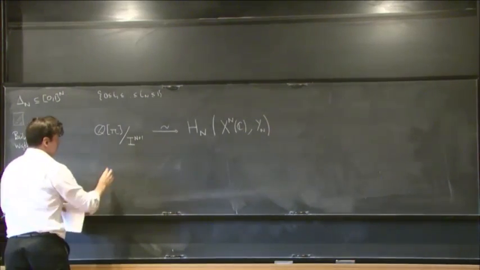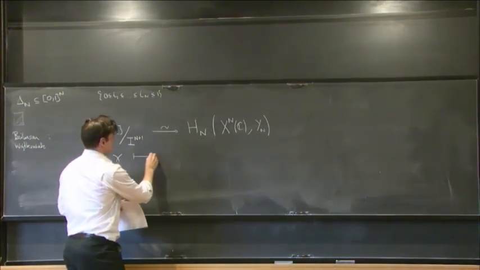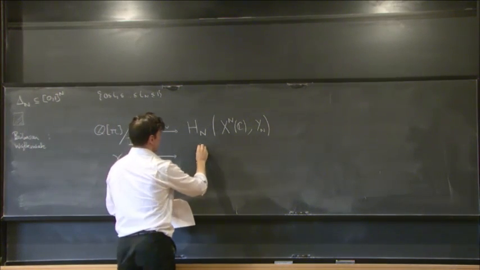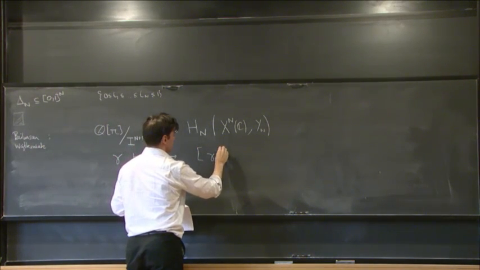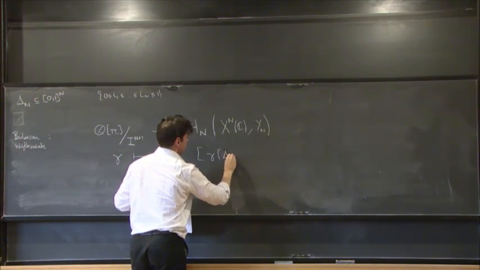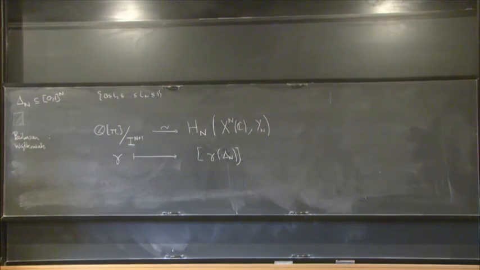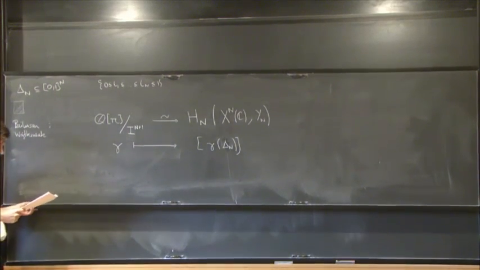And the map takes a path from x to y and sends it to the relative homology class of the image of this simplex in the space X to the n.